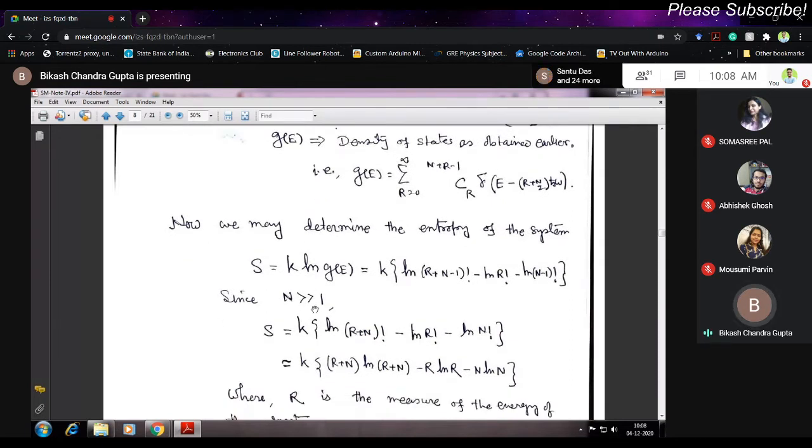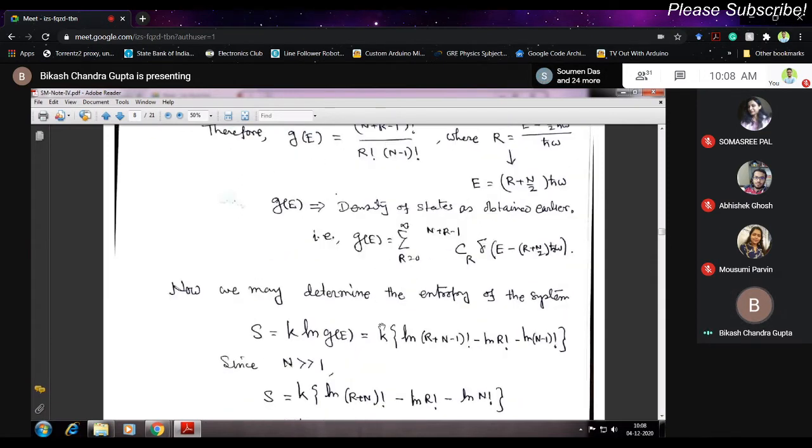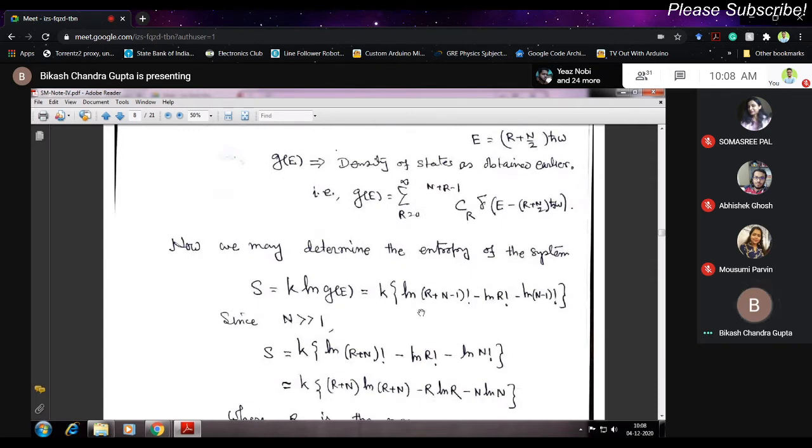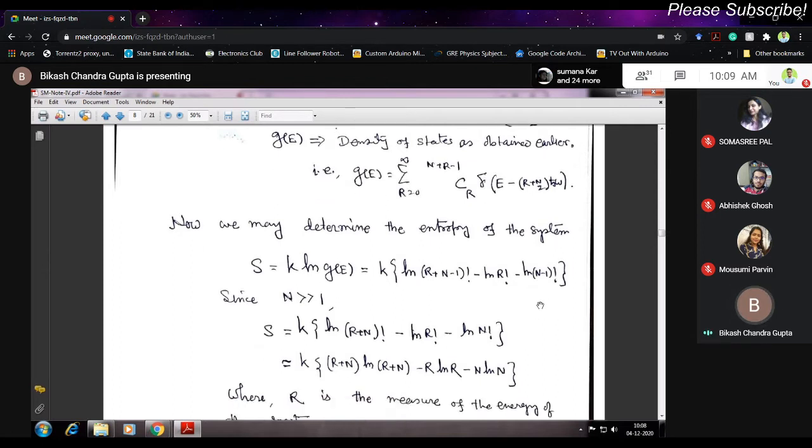Now you have obtained, as classically you did, the density of states here also. Once you have that, you have the formula at hand, the connection between entropy and the density of states, and then simply you can write it like this, because this is your G E. So for a particular energy E, S is k times ln of (R plus n minus 1) factorial minus ln R factorial minus ln (n minus 1) factorial.